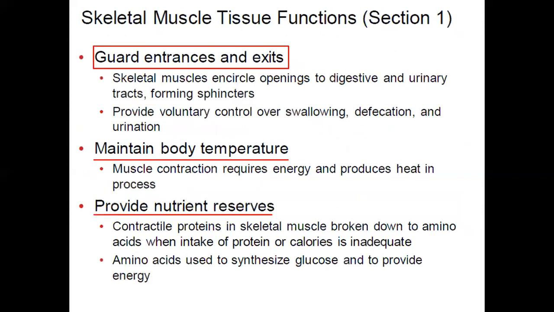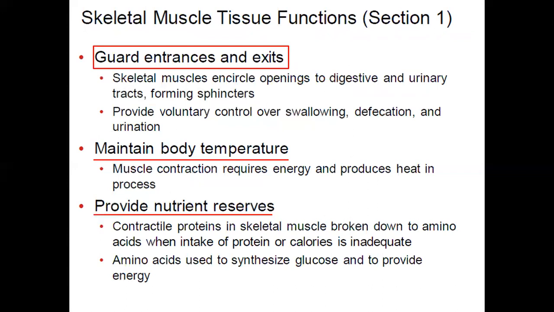Some skeletal muscles guard entrances and exits. There are circular muscles located at the very end of the digestive tract or the urinary tract, and they form structures called sphincters. It's just a circular muscle that can constrict and dilate, kind of close and open, to allow or not allow certain foods or substances or liquids to get through that area.